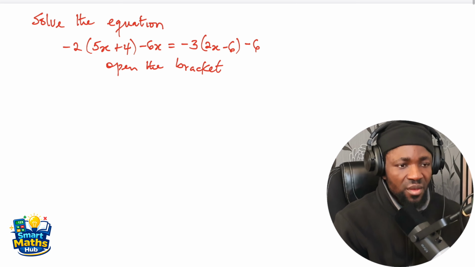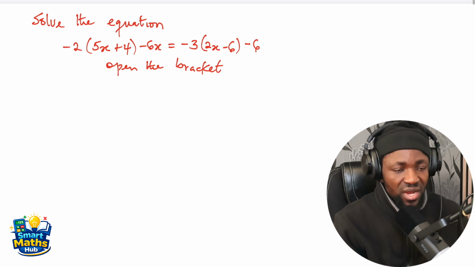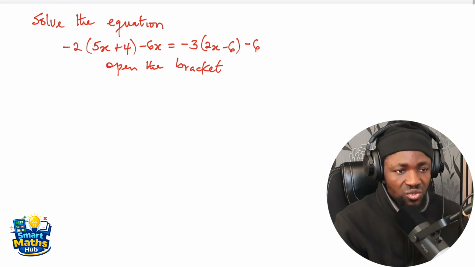We have minus 2, meaning that take this minus 2 to multiply everything inside the bracket here. So that's the meaning. Minus 2 times 5x. What do we have? Minus times plus, we have minus.